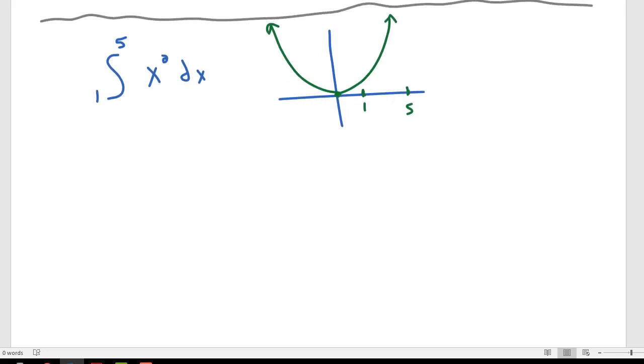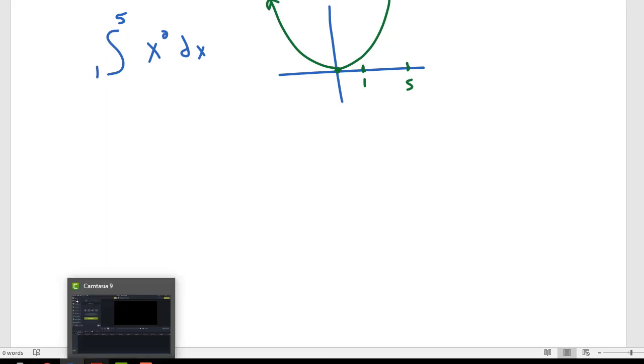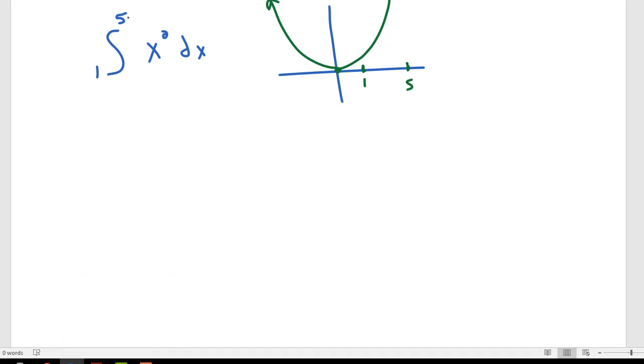Now I want to be able to sketch these rectangles, so I'm going to zoom in on my graph in just a moment. So remember, back in a Calc 1 class, we want the widths of our rectangles to all be equal. So to find our delta x, let me come back to my red pen here, and let's say we want to do left endpoints. So the first thing we'd have to do is calculate our delta x.